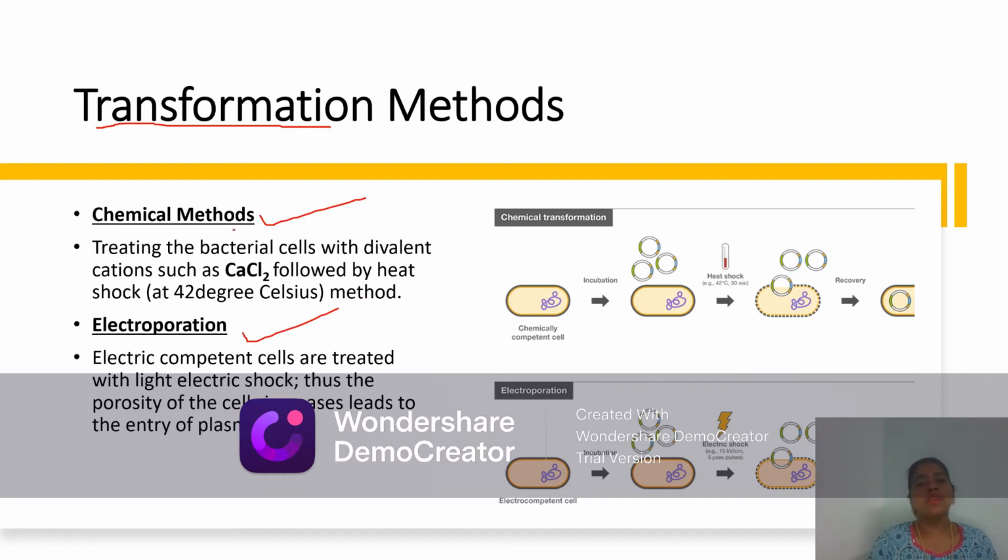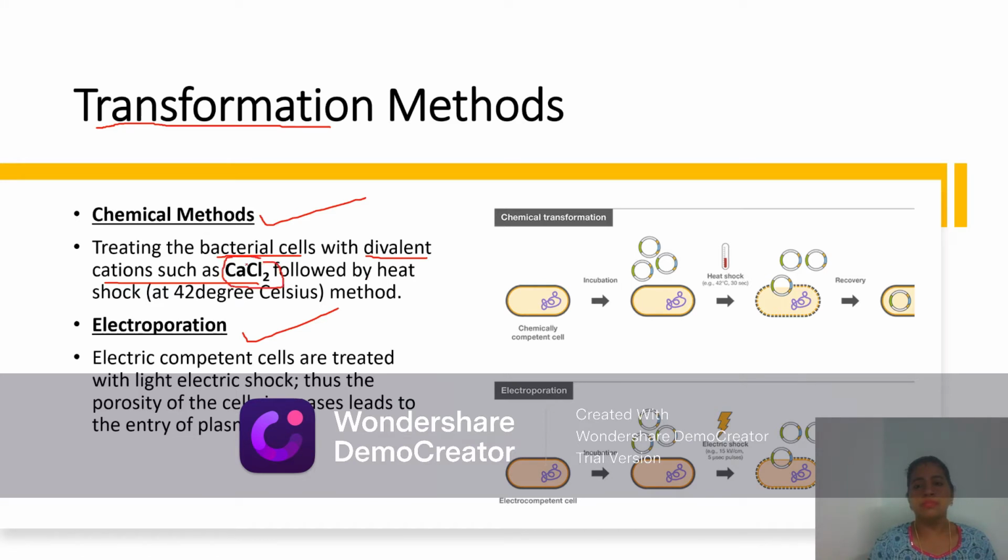The first method is the chemical method. What is a chemical method? If you are taking the bacterial cell, we will be treating the bacterial cells with divalent cations such as calcium chloride or magnesium chloride. Understand? So you will be incubating the cells with divalent cations like calcium chloride or magnesium chloride.